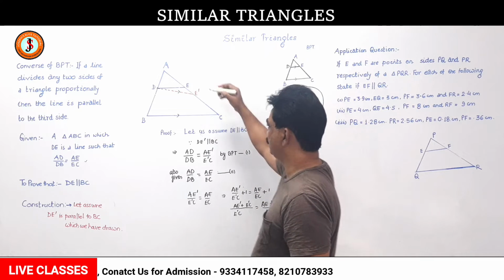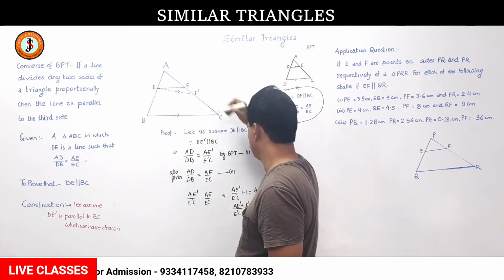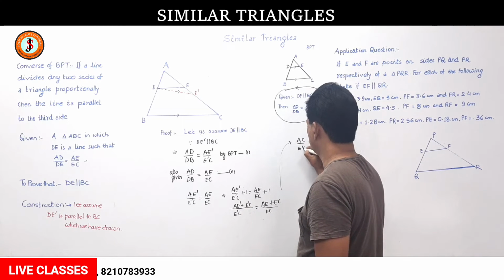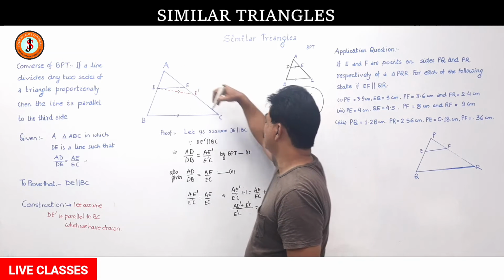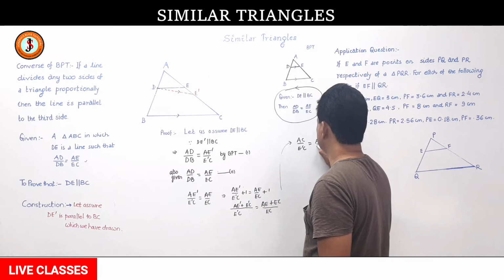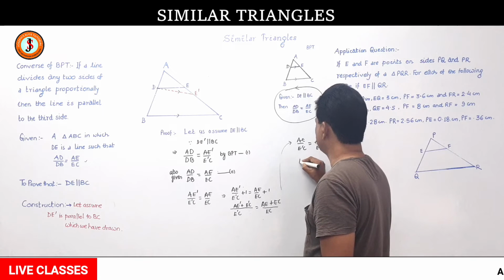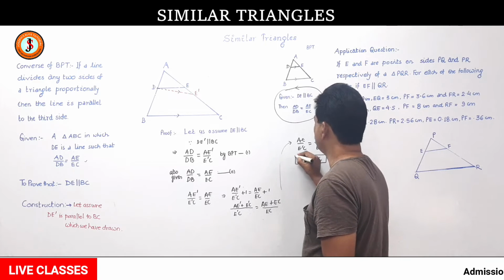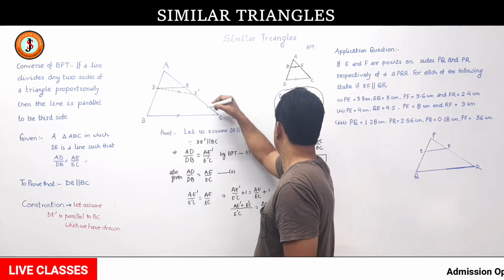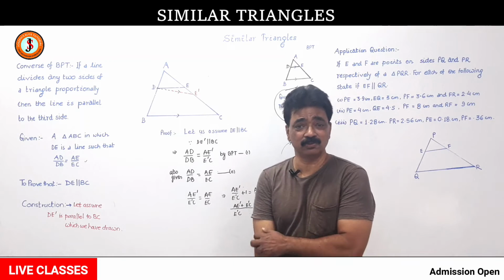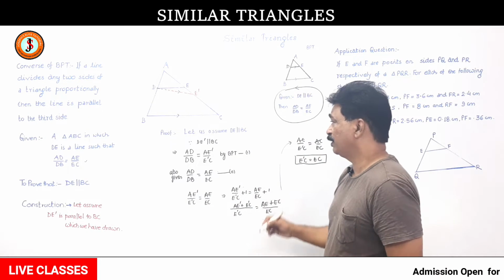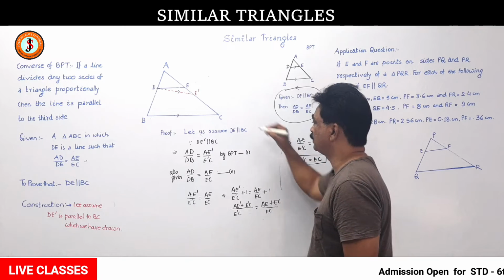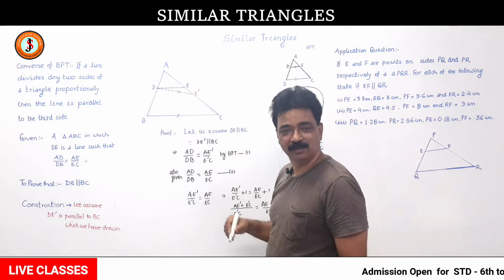Now, AE dash plus E dash C is equal to AC, and AE plus EC is also equal to AC. So AC is cancelled. So, E dash C is equal to EC. Now, C dash and C are equal. How is this possible? Have a look. We are coming to a conclusion that E dash C and EC are equal.